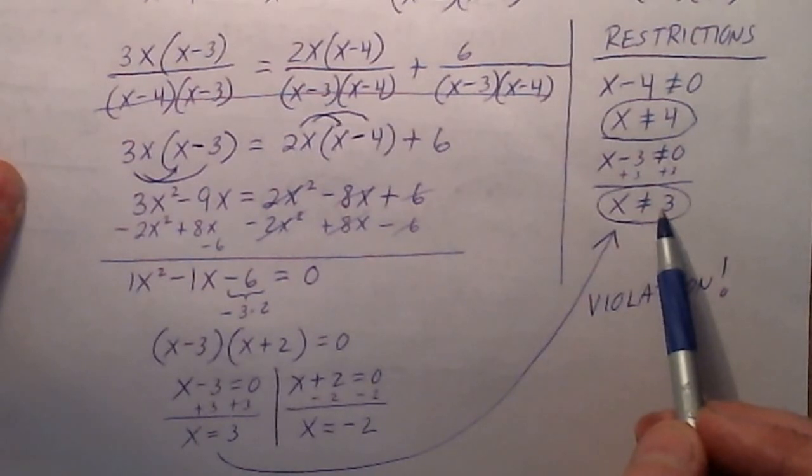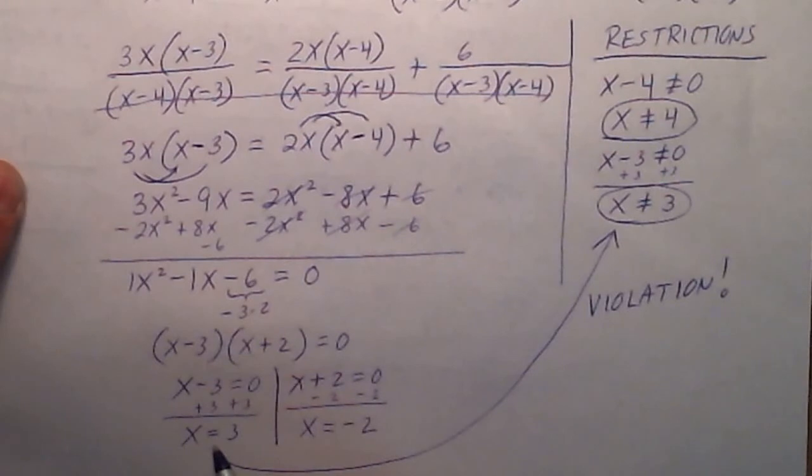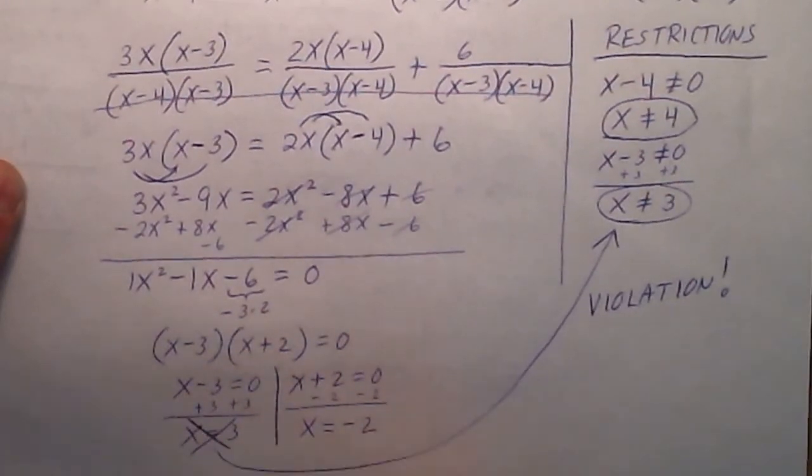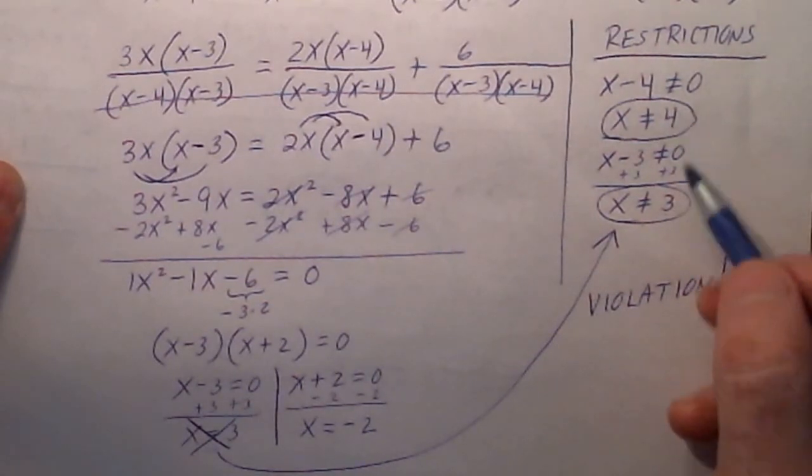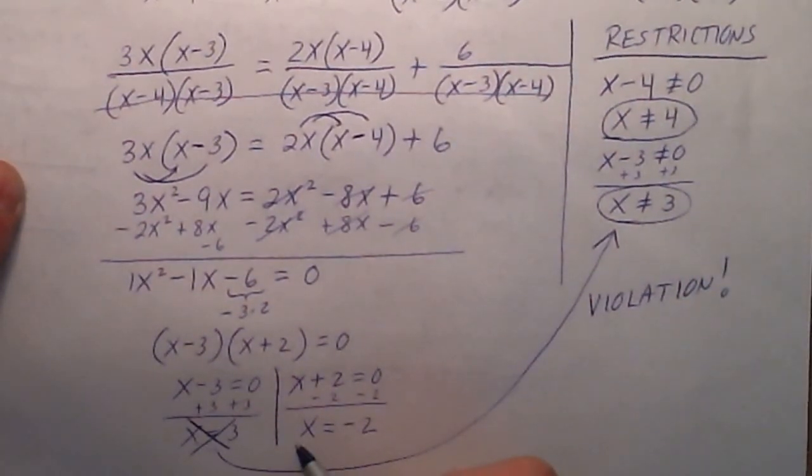And because of that, we have got to take the solution of x equals 3, and we have to toss it out. It cannot remain as a solution to our rational equation. Notice our second solution we arrived at was -2, and -2 does not violate any of these restrictions. So the only solution to this equation is only -2.